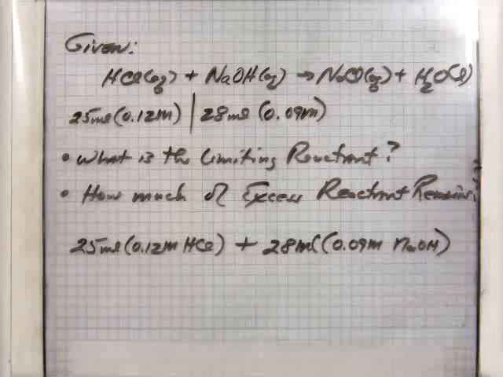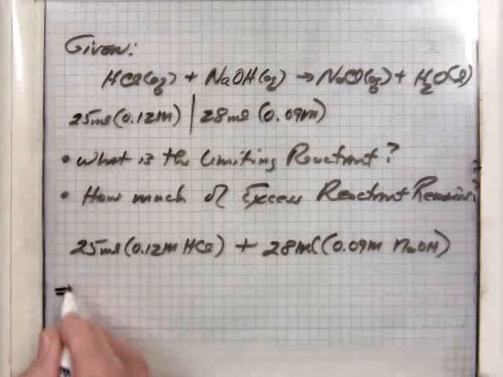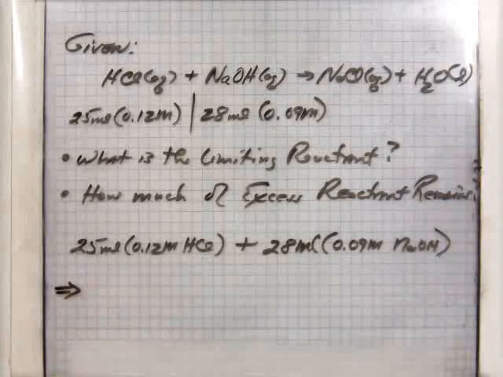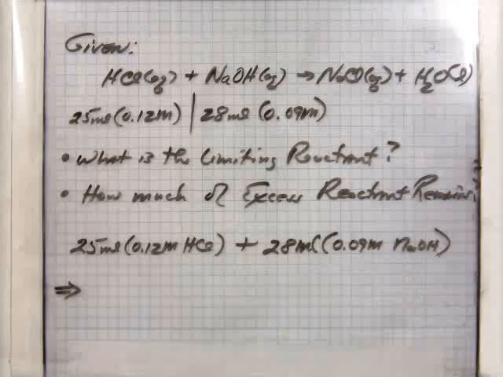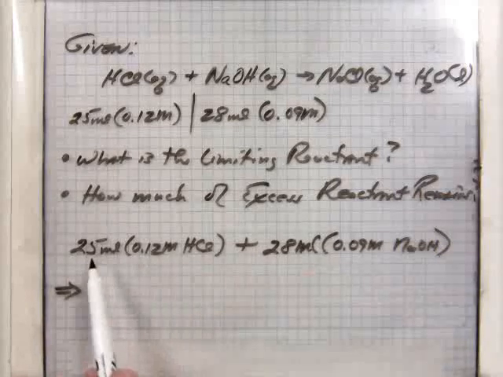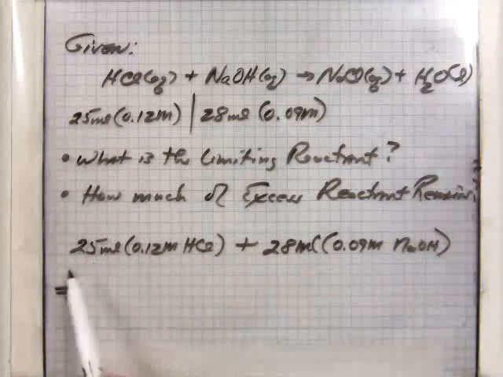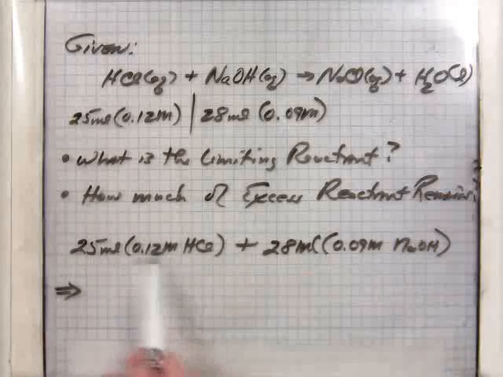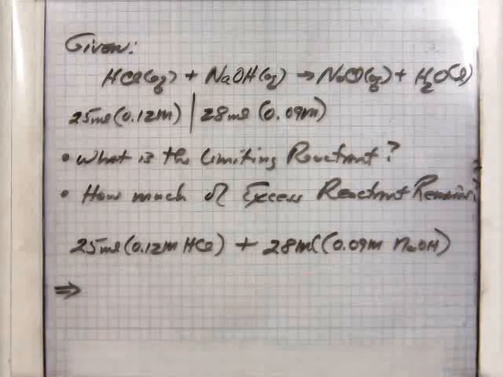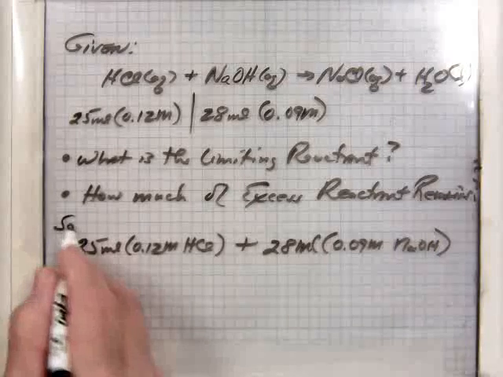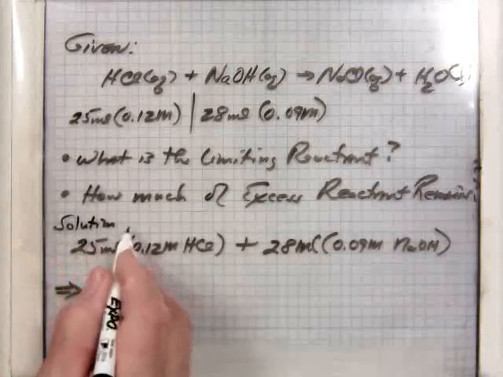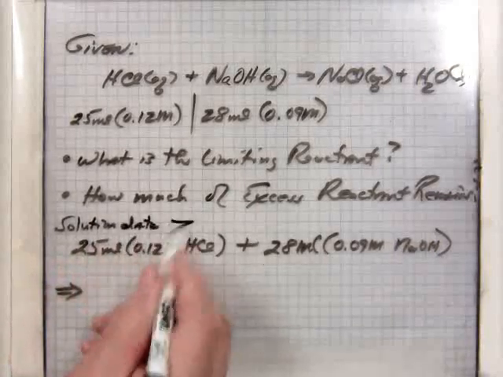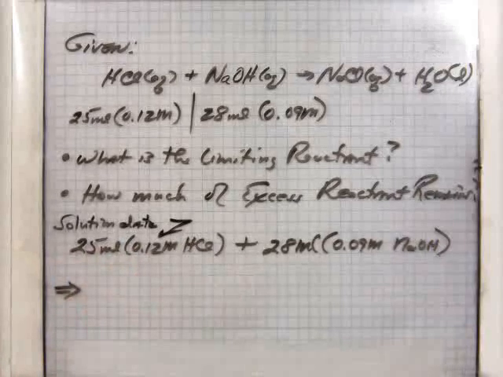And I didn't write the product side in there, if you notice. So what does this mean in terms of a calculation? Well, convert to moles. How do you convert this to moles? When you see numbers like this in data that's given, with these two together, that's called solution data.